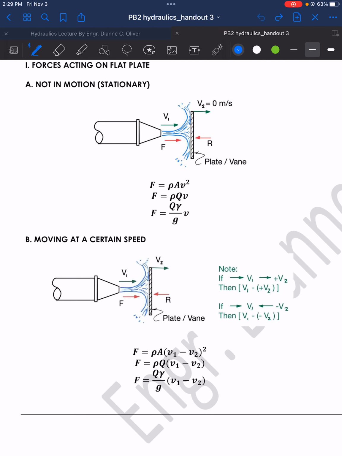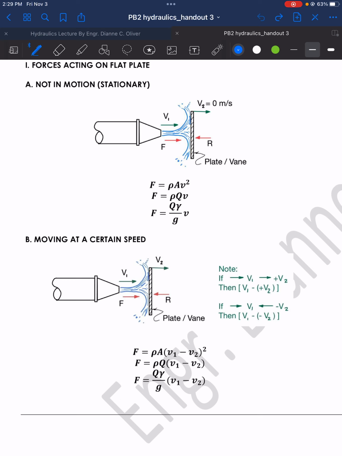How about when the plate is moving at a certain speed? So having V2 have its value, meaning the plate or the vane is moving. The formula now for the force of the jet is equal to rho times the area times the velocity of the jet minus the velocity of the vane, and this is squared.